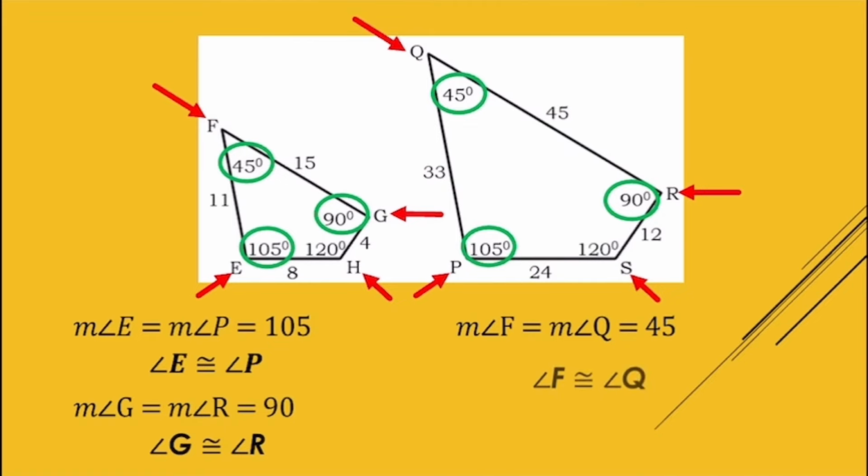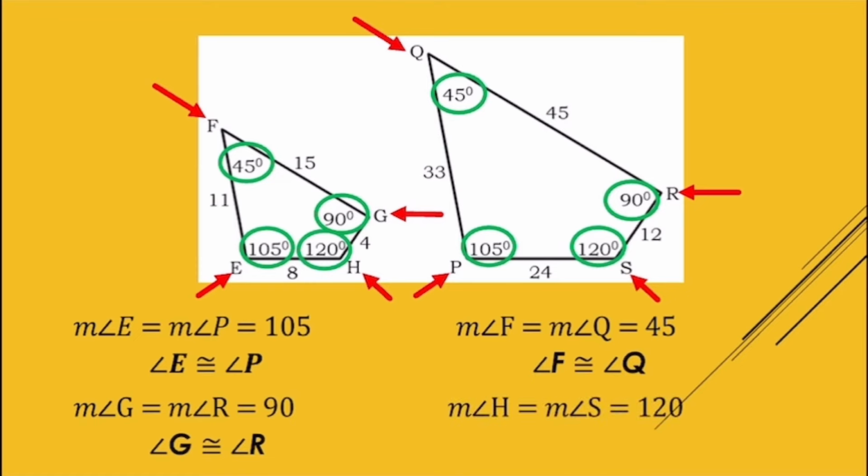Therefore, angle F is congruent to angle Q. And for our last, the degree measure of angle H is equal to the degree measure of angle S, which is 120 degrees. Therefore, angle H is congruent to angle S.